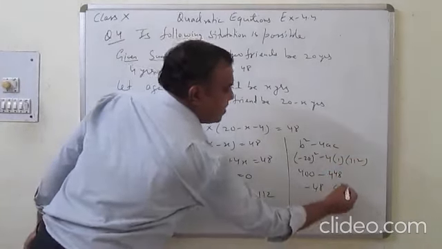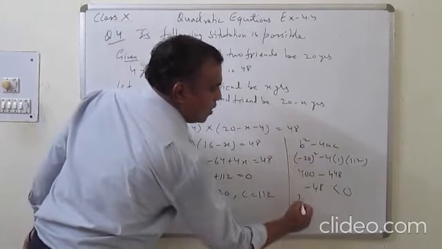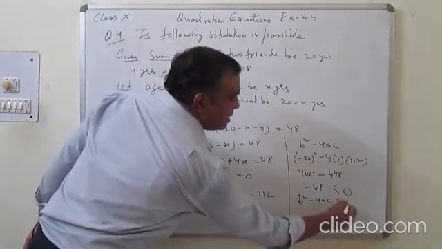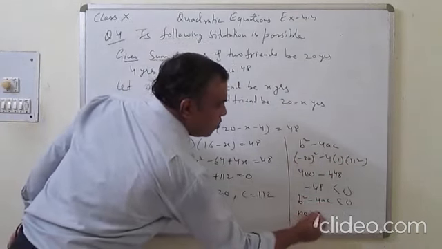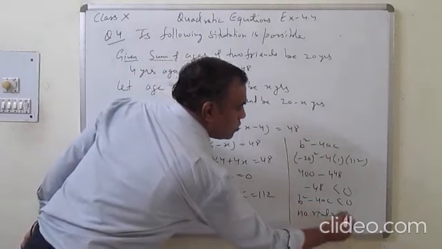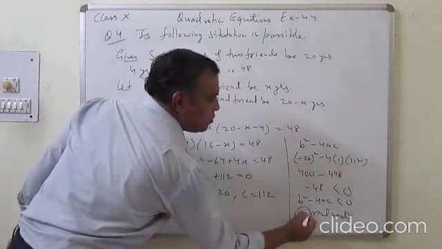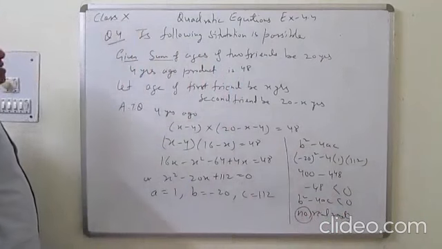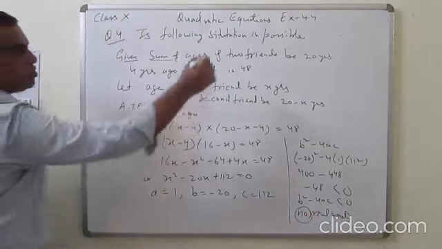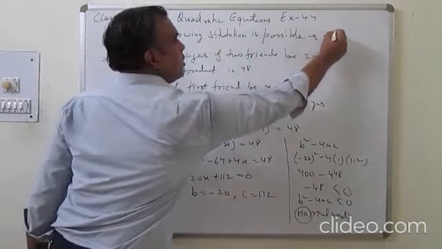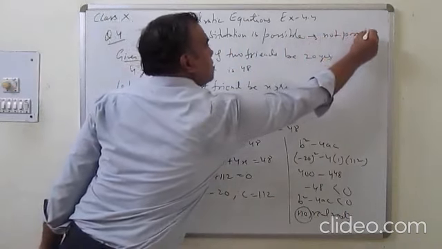It is negative, less than 0. If b square minus 4ac is less than 0, we say there are no real roots. No real roots. The situation is not possible.